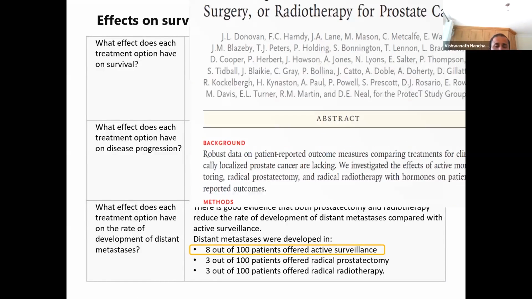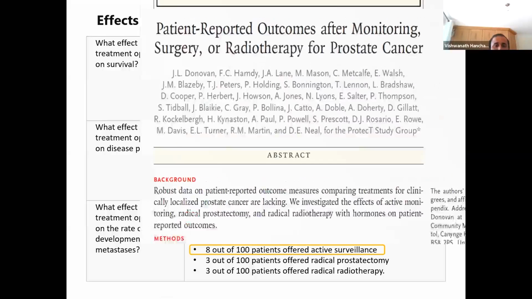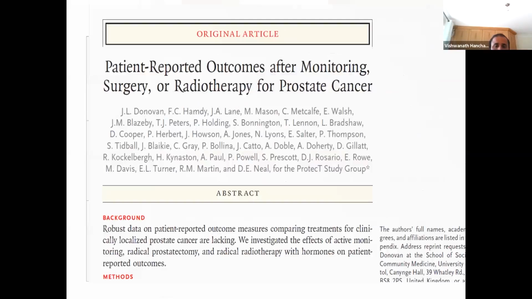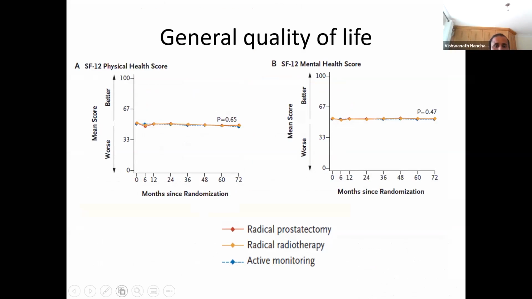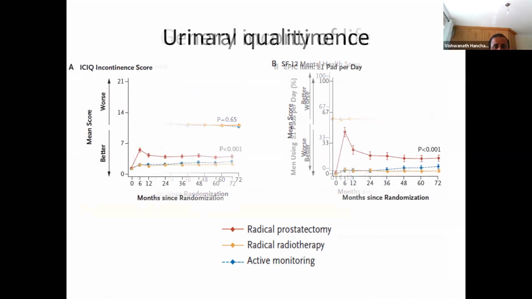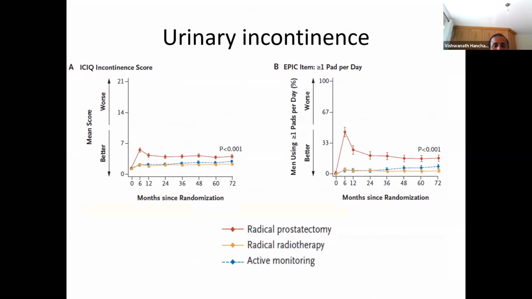These are the patient-reported outcomes, what happened during their monitoring process with regard to their quality of life. There was no difference in their quality of life. This suggests that they could be monitored well during this time. What about urinary incontinence? If you can see, with radical prostatectomy there was a significant worsening of the urinary symptoms, and then a steady improvement at the end.